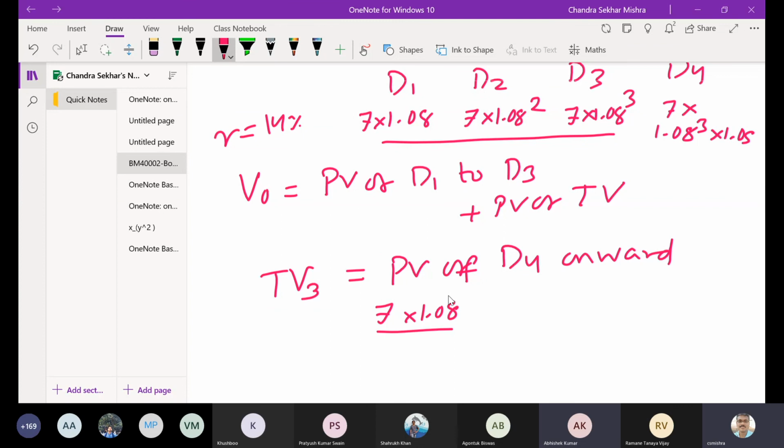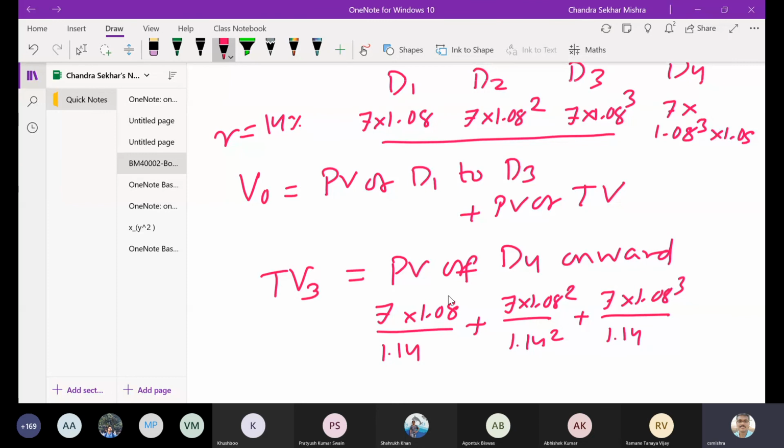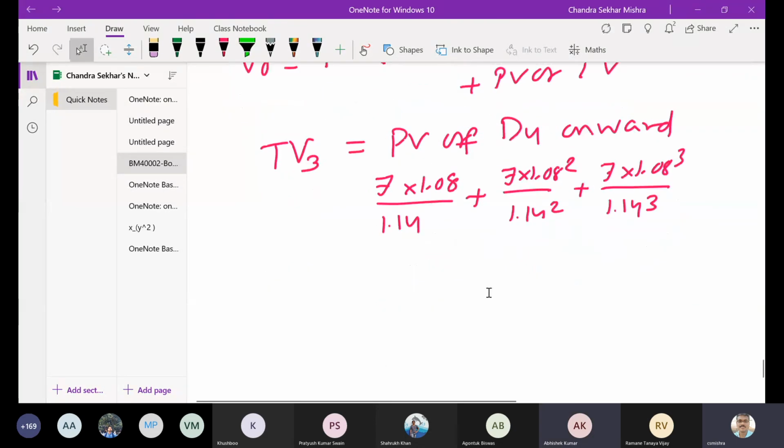So 1.14, plus 7 into 1.08 to the power 2 by 1.14 to the power 2, plus 7 into 1.08 to the power 3 divided by 1.14 to the power 3. Then plus 7 into 1.08 to the power 3 into 1.05 for perpetual growth.